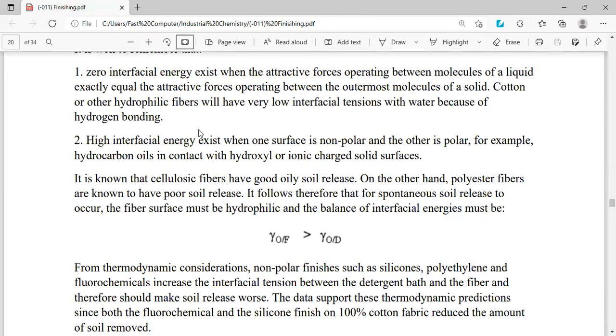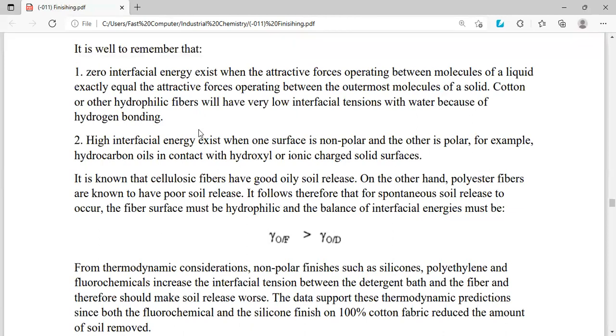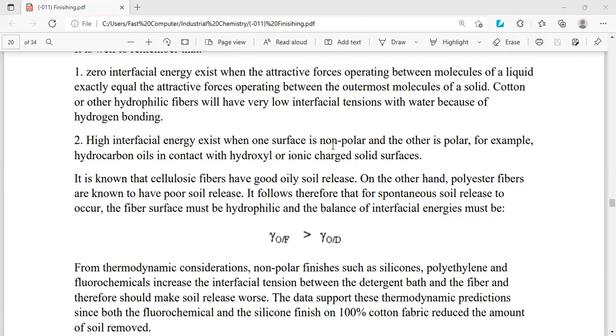Second, high interfacial energy exists when one surface is non-polar and the other is polar, for example, hydrocarbon oils in contact with hydroxyl or ionic charged solid surfaces. It is known that cellulosic fibers have good oily soil release. On the other hand, polyester fibers are known to have poor soil release.